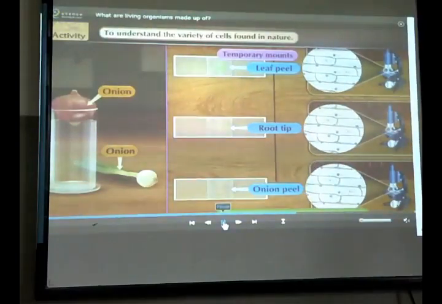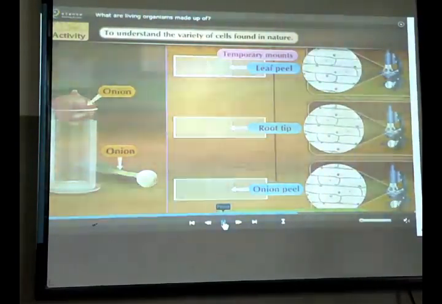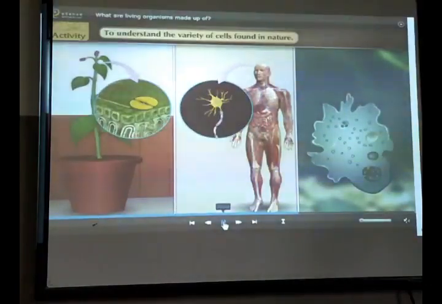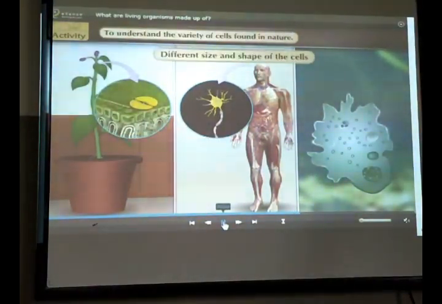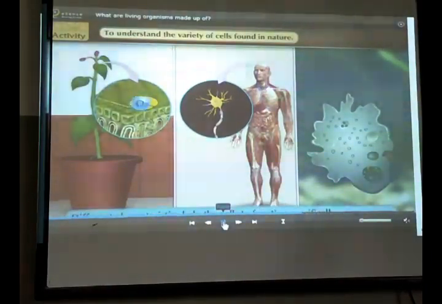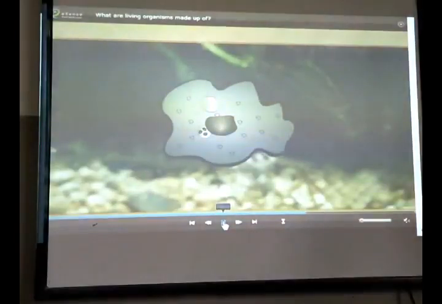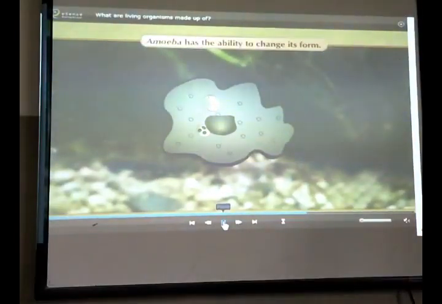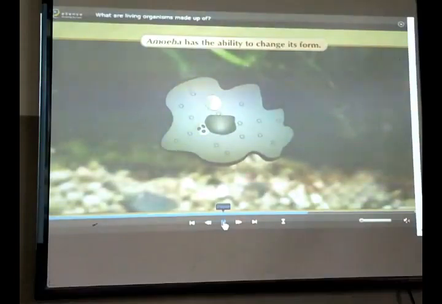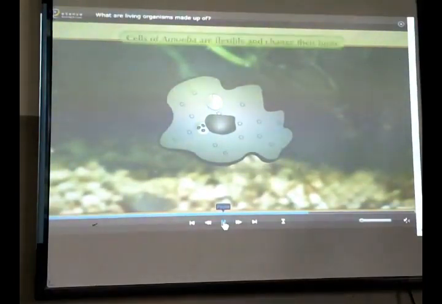All these things became so easy to understand with the help of this type of compound microscope, the electron microscope. So to understand the variety of cells found in nature, we can understand what a cell is and how it works.